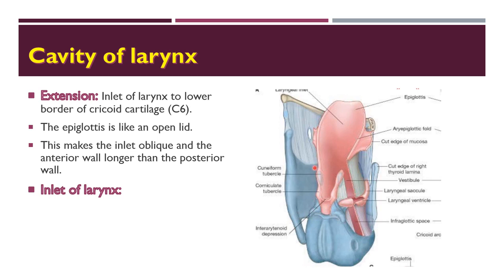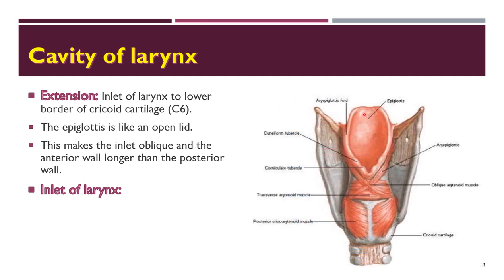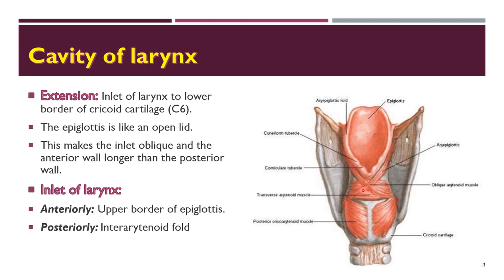Now coming to the inlet of the larynx, it is bounded anteriorly by the epiglottis, which is covered by mucous membrane, and on either side by the aryepiglottic folds. Behind, it is covered by the interarytenoid fold of mucous membrane.